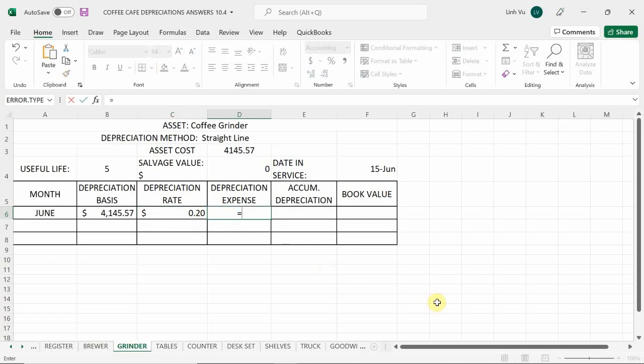So then how much depreciation expense is going to be for June? Oh, 69.09. 69.09.